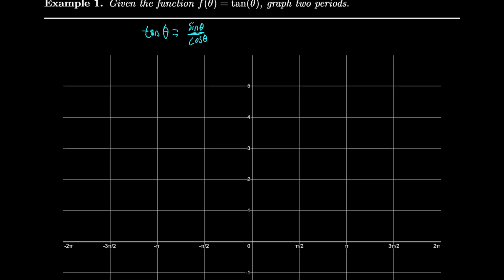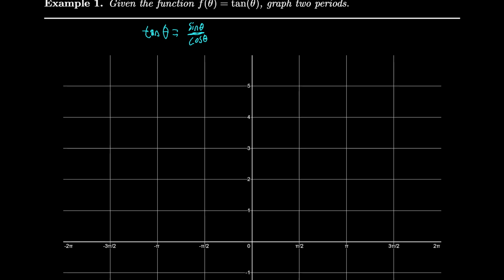And if we hearken back to the first part of a pre-calculus class where we learned about domains, we learned that a rational function, that is a function that has a division in it, like this, tangent is a rational function for our purposes.